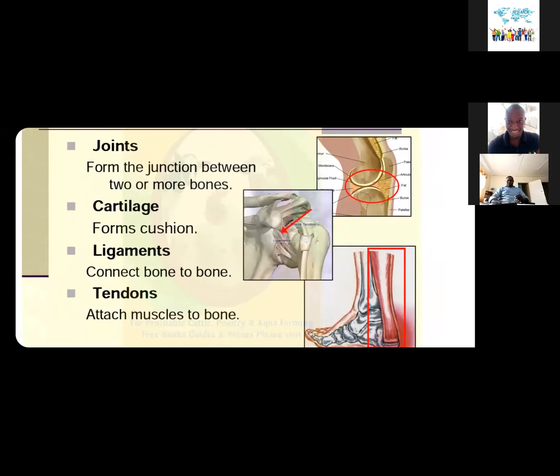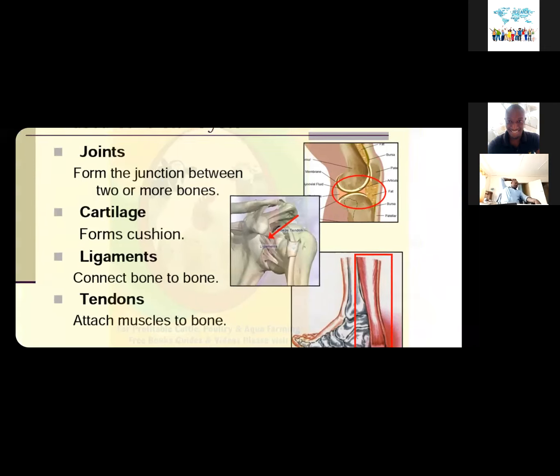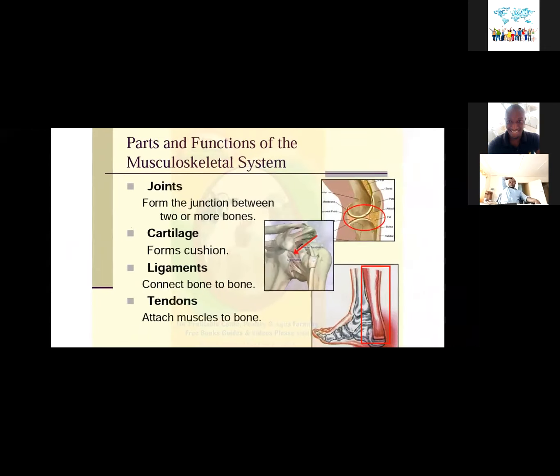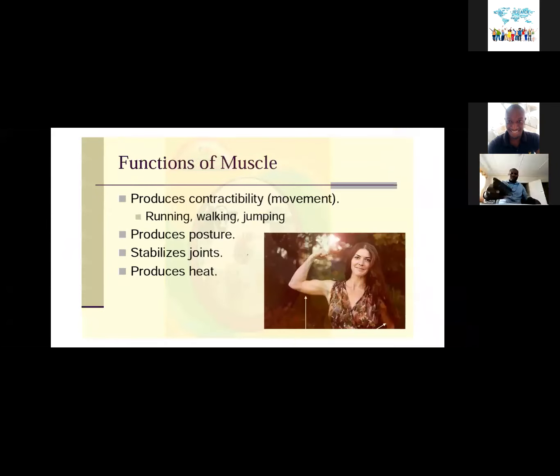Then we've also got tendons. It attaches the muscles to the bones. So you have this connection where your skeletal muscle is ending. It will be attached by a tendon, which will take the connection to the bone. Okay, so basically these are the other components of the musculoskeletal system.